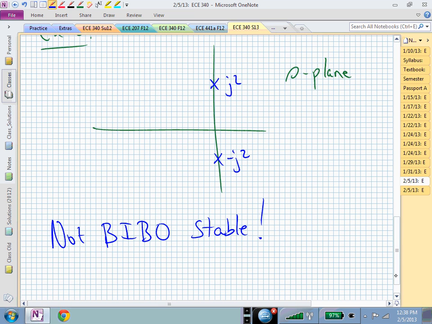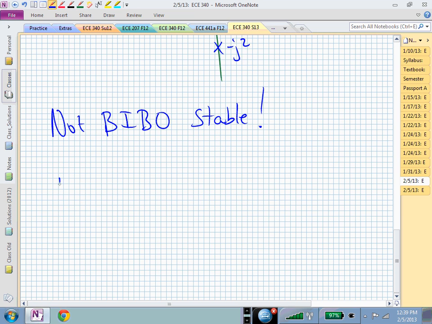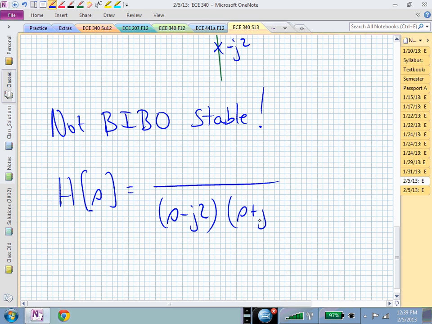In this particular case, we could create a transfer function. We have a transfer function with two poles. One of those poles is on the upper half of the imaginary axis, and that gives rise to this factor s minus j2. The other one is in the negative vertical half of the S-plane.